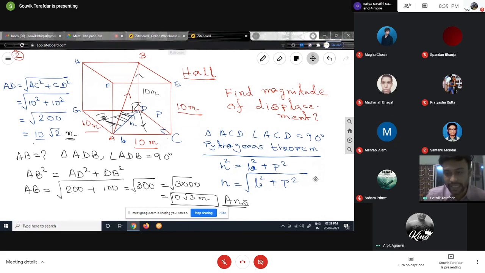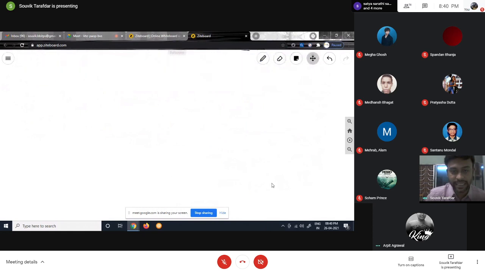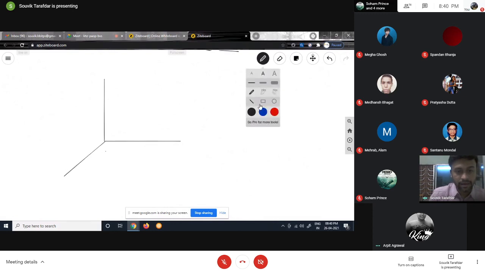Okay, let me explain once more. See, this is the x axis, this is the y axis, and this one is the z axis.